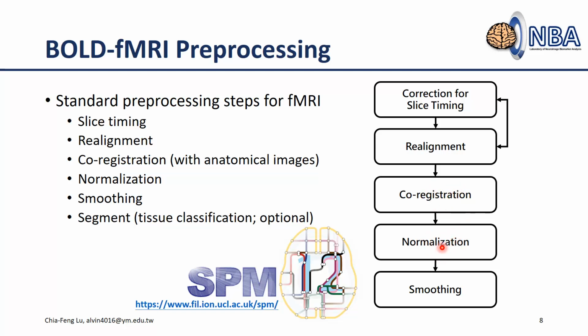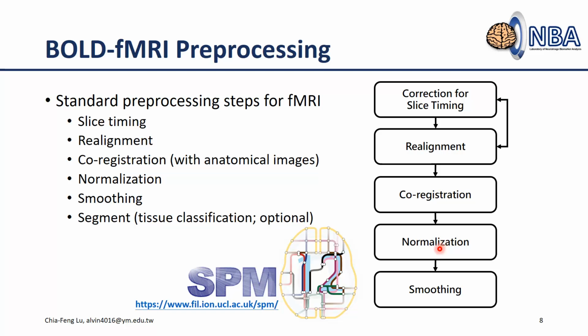And this one, normalization, is a step where we modulate and make everyone's head a very similar size and shape. It's a step that we transfer each person's head to a global, unified coordinate system, so I can really say that in this brain region, everyone has the same location right there.